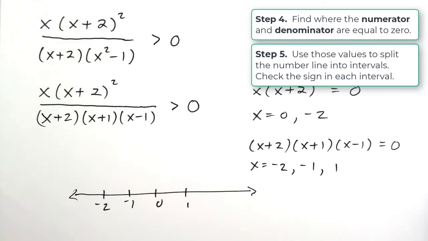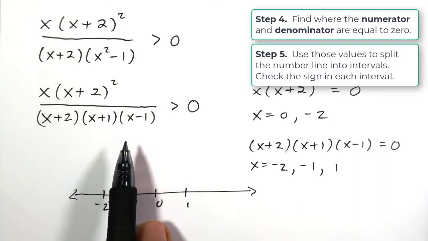Now, does it necessarily change sign moving from one to the other? Well, no, that is not the case. So we need to check each one of these intervals individually to see what the sign is going to be. So let's take the interval furthest to the left. What we can do is just take a number in here, like -3, and plug it into the function.